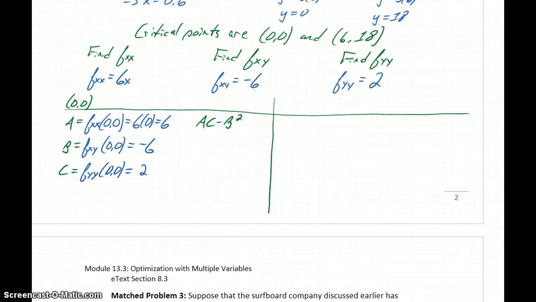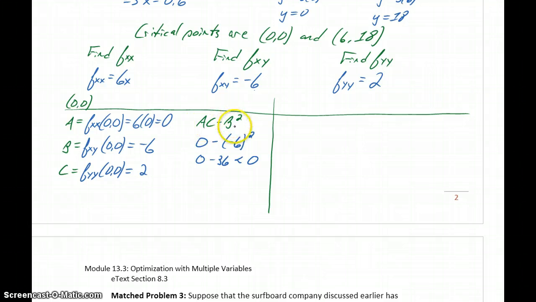So we'll calculate AC minus B squared, which in this case A is, sorry, I made a mistake back here. 6 times 0 should be 0, not 6. So A times C is going to be 0 times 2, so that's going to be 0, minus B squared is going to be negative 6 squared, so 0 minus 36 is going to be negative 36, which is less than 0.